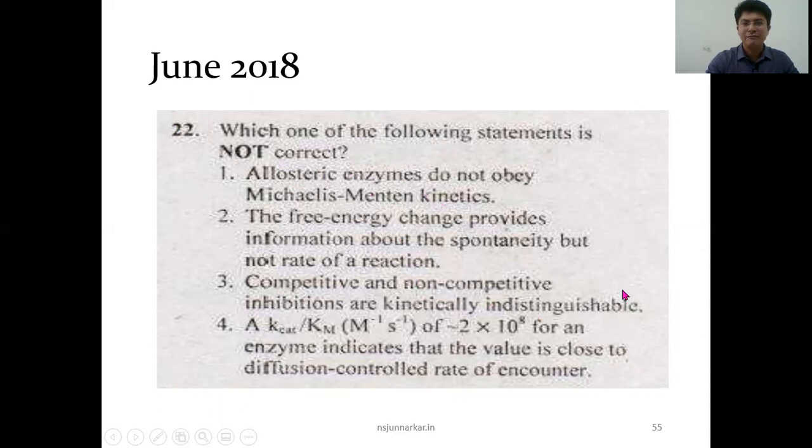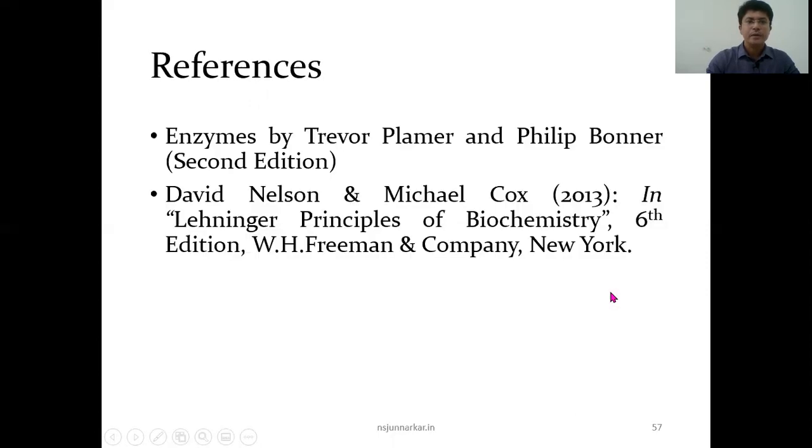No, from the graph you can detect whether it is competitive or non-competitive. And this is the kcat upon Km value, which is at 10⁸, indicating that the value is close to the diffusion control rate of encounter. So this is a correct statement. So the incorrect one is the third one.